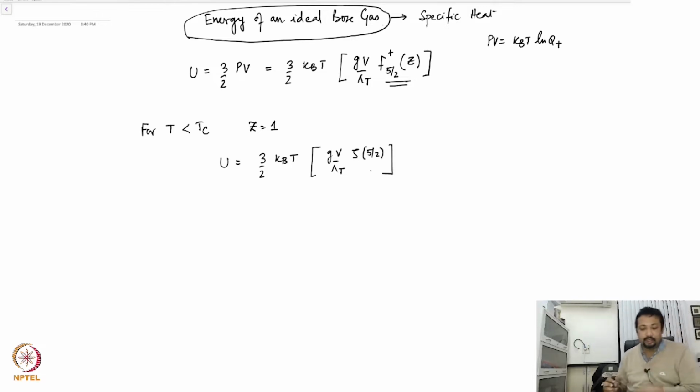Correct? Good. So I want to calculate the specific heat now. We will do it in this reduced form.